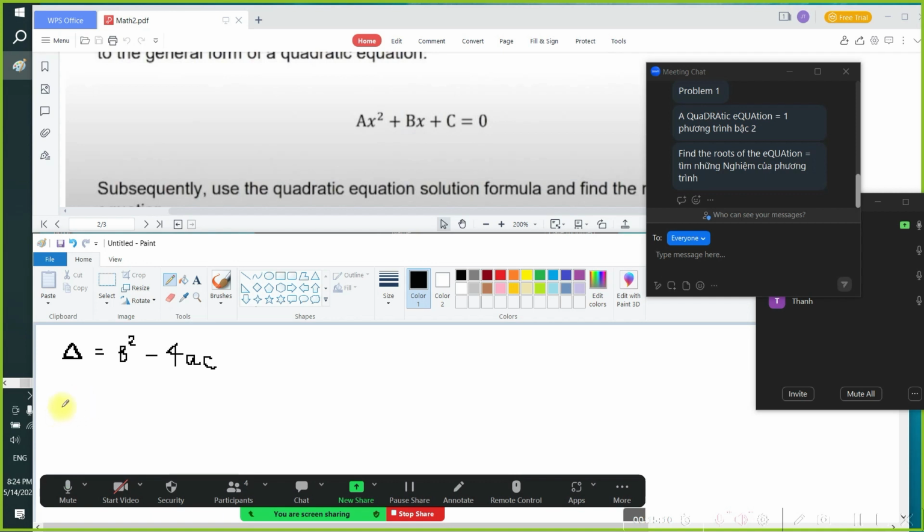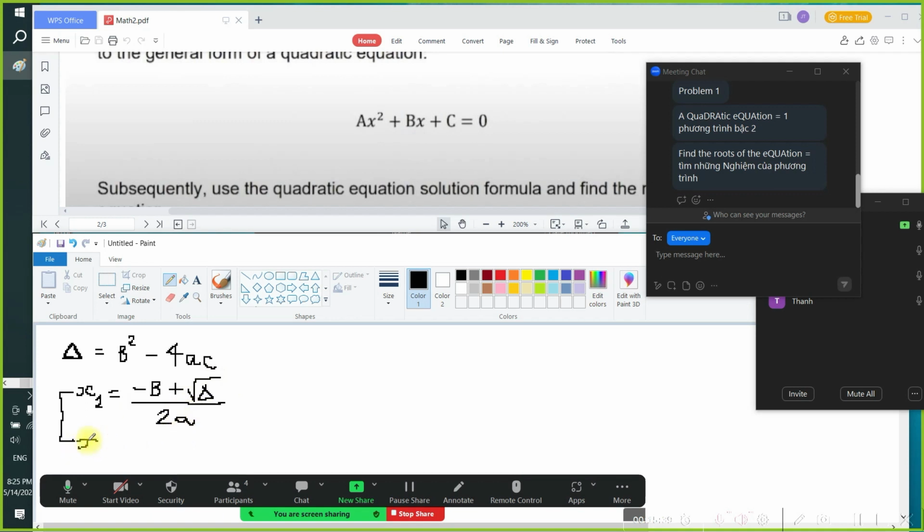And then there are two roots. Nó sẽ có ra hai nghiệm. So the first root x1 will be equal to minus b plus square root of delta divided by 2a. Nhớ không? Trừ b cộng căn delta chia 2a.